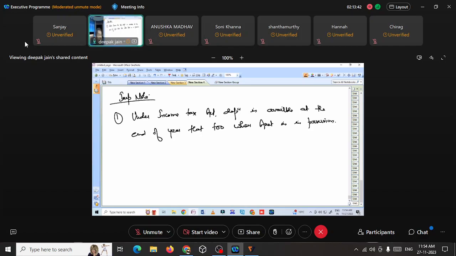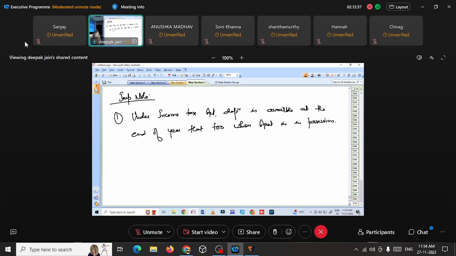Income tax shall not provide depreciation on a day-to-day basis. Depreciation is available at the end of year. That too, when the asset is in possession.